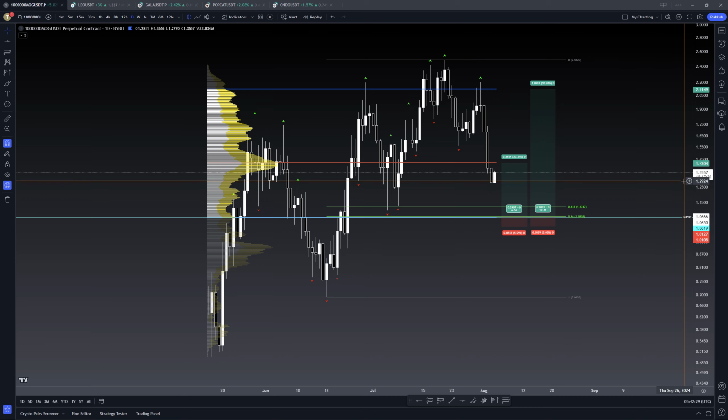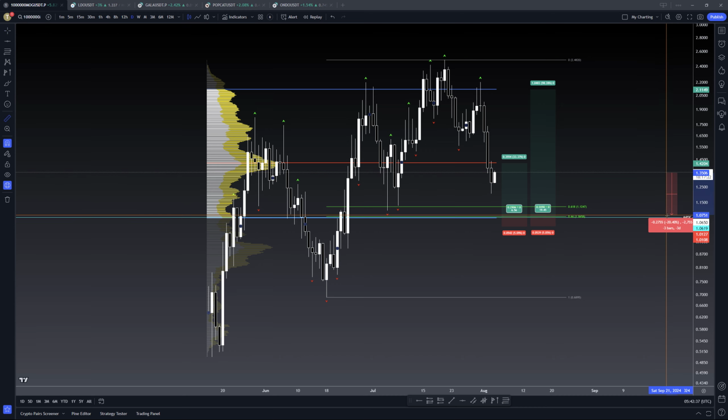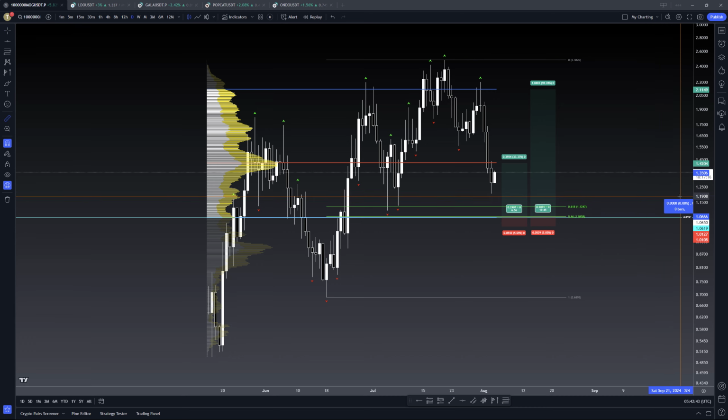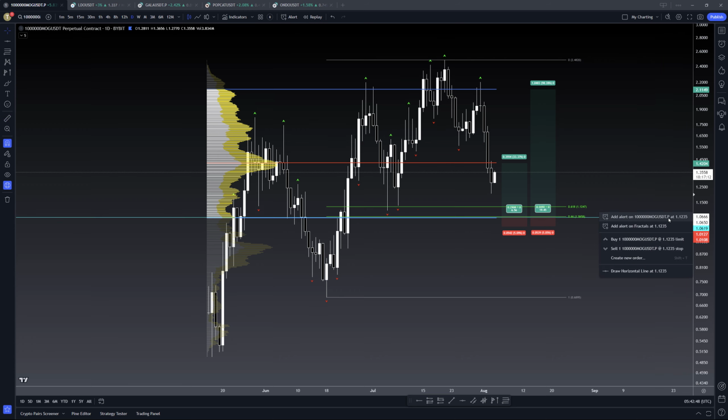What can't we forget to do? The most important thing: mark these alerts, and then we'll be done. I'm marking this at the CC in here.